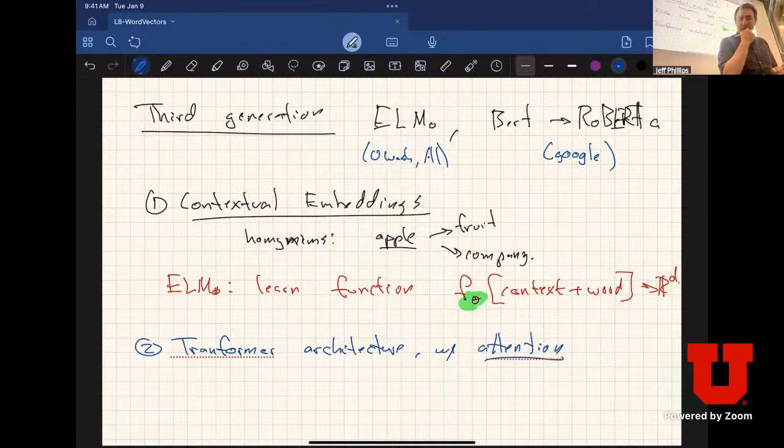But the idea is that these previous techniques, including ELMo, could only work in a limited size context. I had to have a function, and it had a fairly limited, maybe fixed size of how much I could fit into this model.